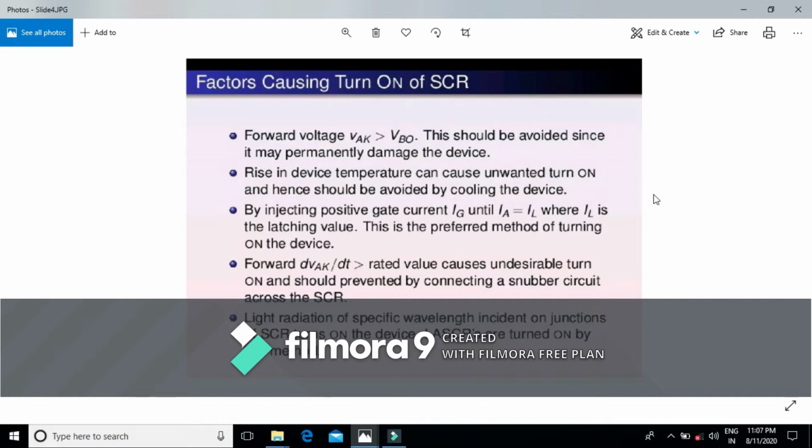After this breakdown, junction J2 loses its blocking capability. Therefore, if forward voltage is reduced below breakover voltage, the SCR still remains in conduction and can be turned off only by reducing the anode current below holding current.